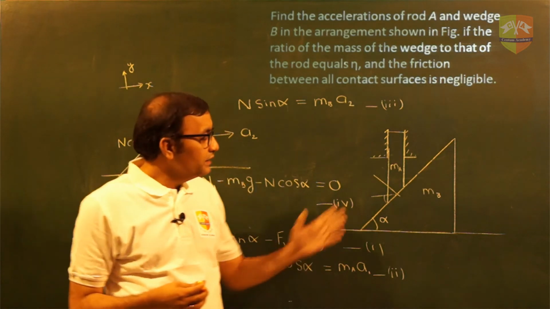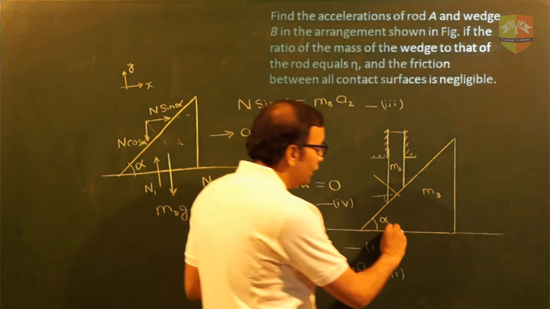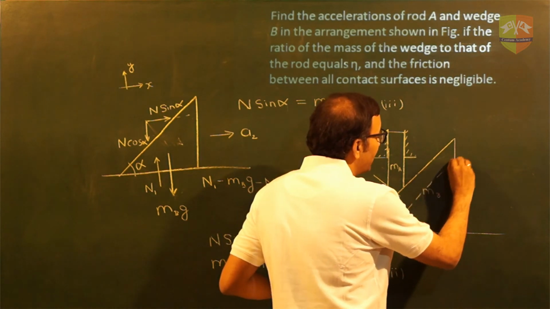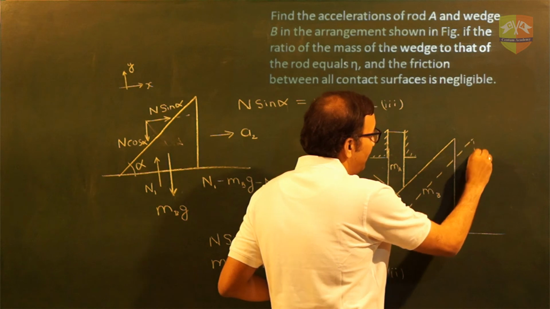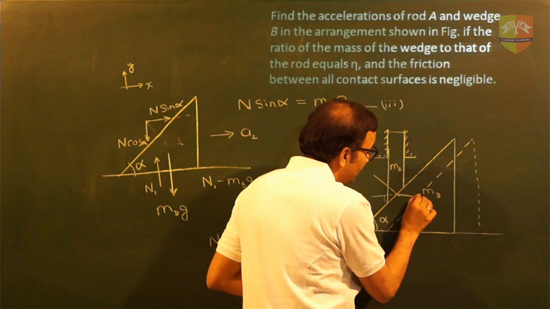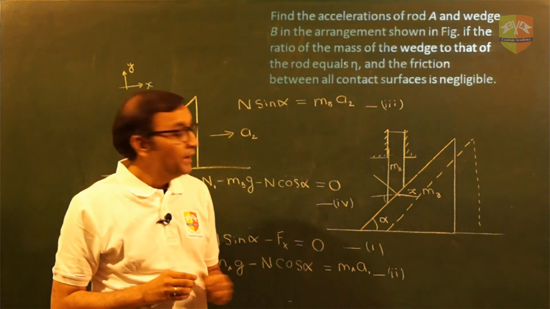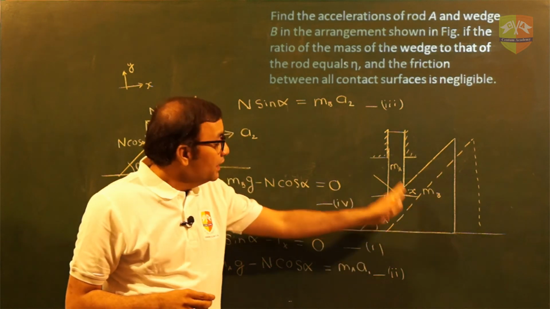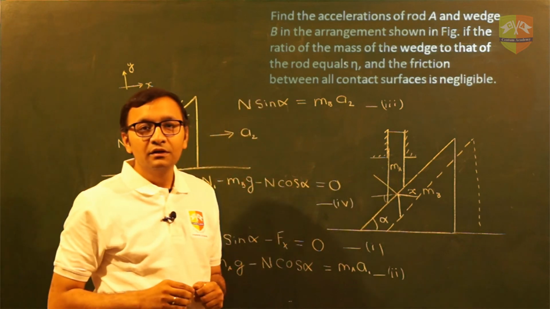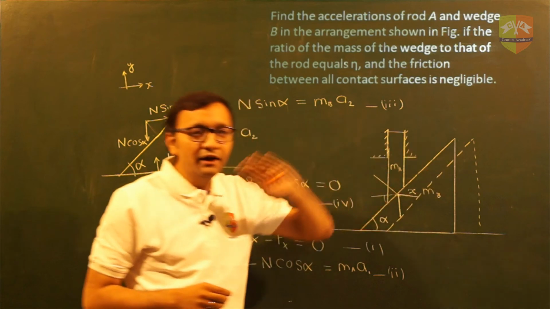You will get that relation here by assuming that the wedge moves a little bit in x direction. Let us assume MB, the wedge, moves by x. So this is the motion of MB. Okay, if this is the motion of MB, the rod must move exactly this much amount, isn't it? The rod will move as the wedge is moving to the right-hand side.